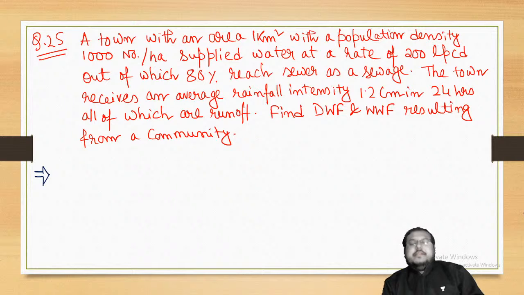The town receives an average rainfall intensity 1.2 centimeter in 24 hours, all of which are runoff. Find DWF and WWF resulting from a community.